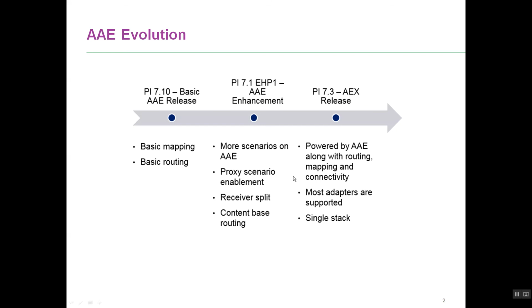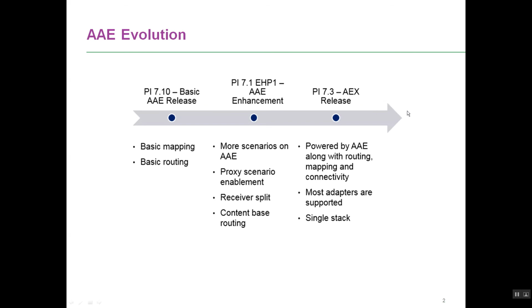Even when we went to PI 7.3, most adapters were supported. There were still a few adapters that were supported on the ABAP stack that were not supported on PI 7.3. So again, there were certain restrictions around where PI 7.3 could be used, where a single stack PI could be used, and so on.